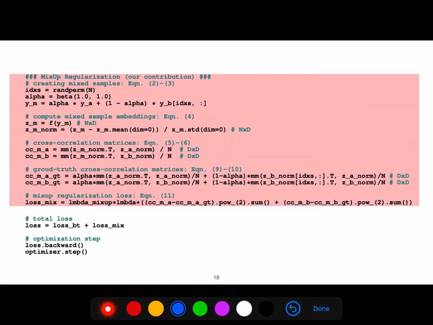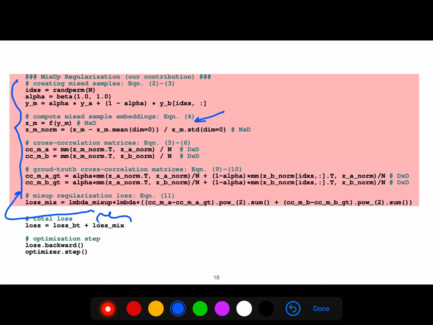So for the mixup regularization, we just need to add this mixture regularization, because this is in this article. You just add these new lines. First, you create these mixed samples. You compute the mixed samples' embeddings.